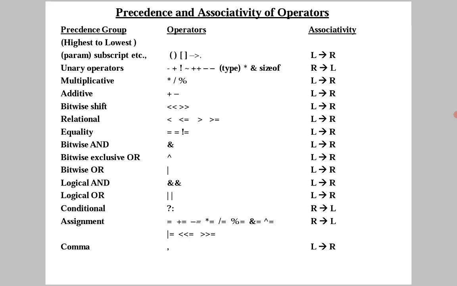Equals to is called the assignment operator, meaning whenever you assign some value, or initialize a variable, or assign some constant to some variable, we use a single equals to. Examples are A equals 10, or B equals C plus D, or sum equals A plus B plus C, or average equals A plus B plus C by 3. All these are called expressions.